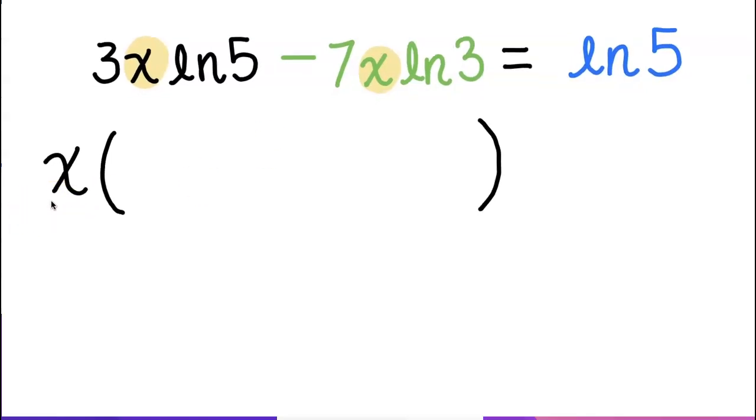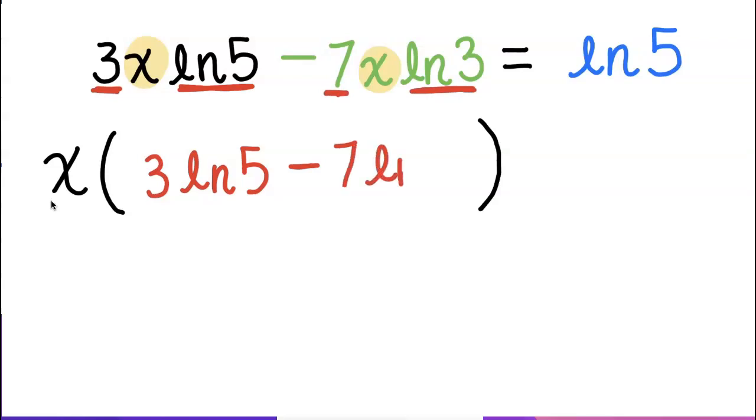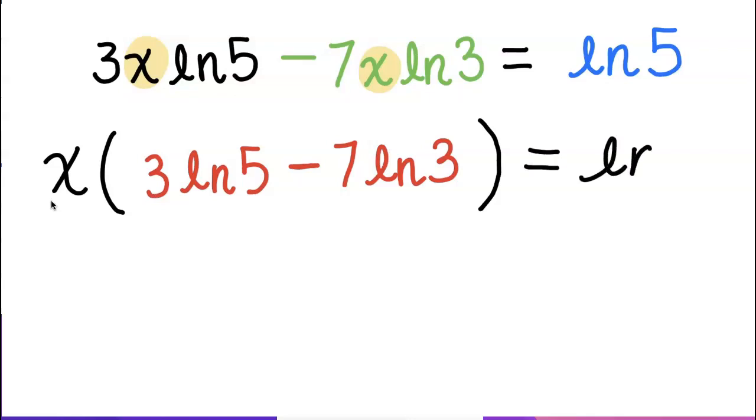And if you take a look at what's left, we have 3 natural log of 5 for the first term minus 7 natural log of 3, because we're factoring out that x to the front. So the right-hand side will stay the same. We're still going to have a natural log of 5.